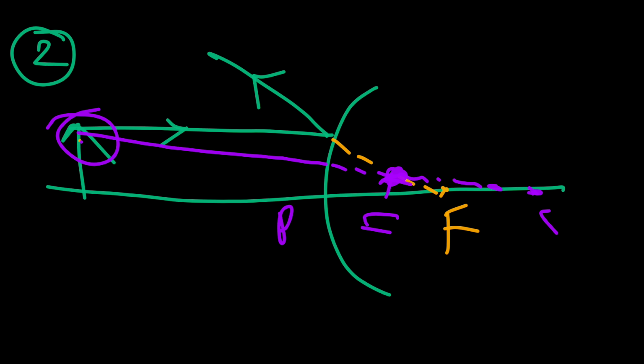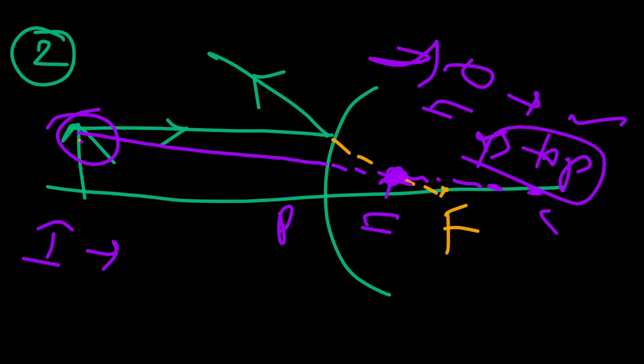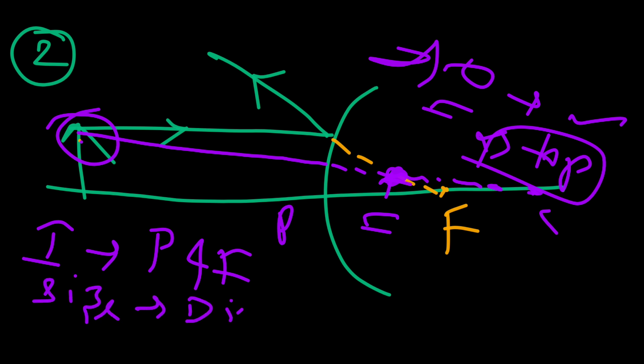Where is the position of the object? The position of the object is at any place, anywhere, between infinity and pole. What about the position of the image? The image position is between P and F. What about the size of the image? Size is diminished.